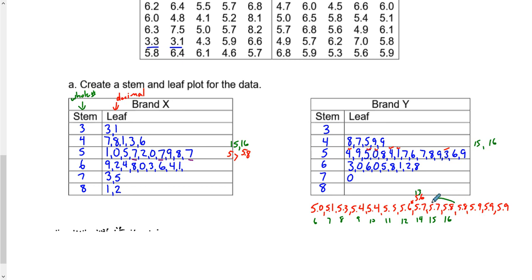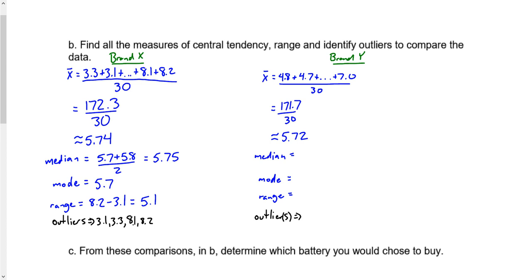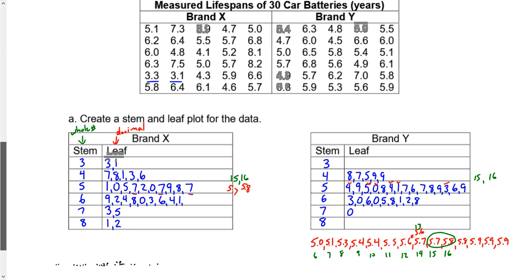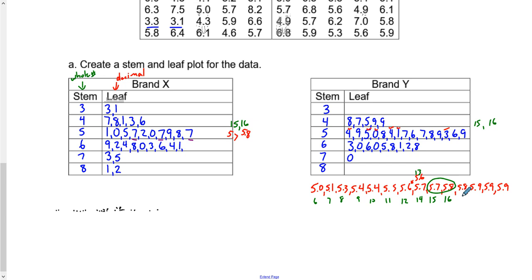So we have what our 2 middle numbers would be: 5.7 and a 5.8. Write that down correctly. There's only 2 numbers. That's why we're doing the division by 2. So we get 5.75. Our mode also does occur in that 5-point section because there's only 2 7s, 2 6s, 2 4s.